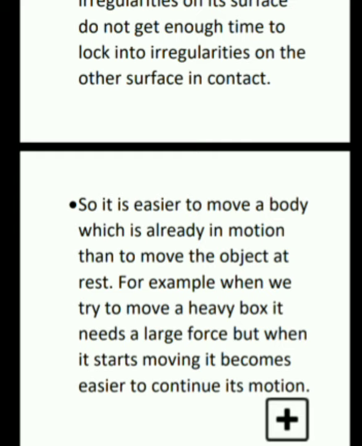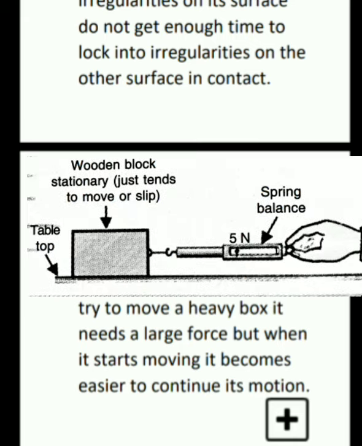Let us make this point clear with the help of an activity. As you can see, you have to take the arrangement of a wooden block with a hook attached to one end. It is kept on a horizontal surface like a table.